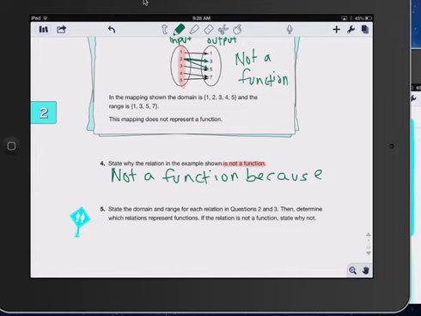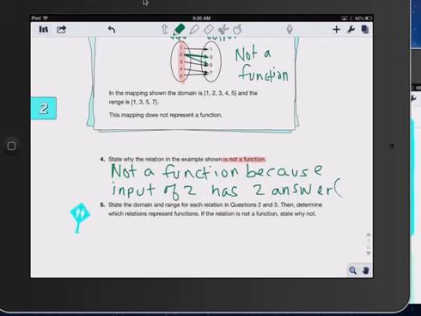Is 2 the input or the output? Input. Because the input of 2 has how many outputs? 2 outputs, or 2 answers. And we cannot have that. We can only have 1 answer.